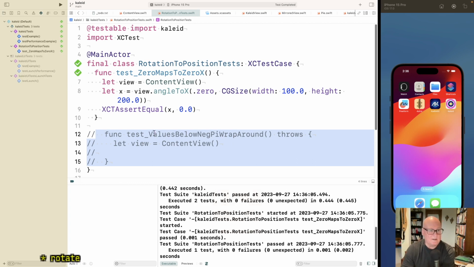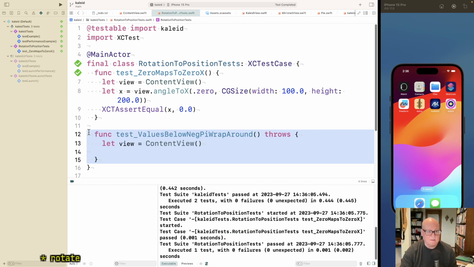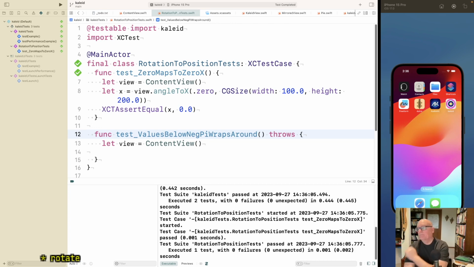Okay, let's start. Let's do this now. Value below negative pi wraps around. Now maybe I should be looking at those rotation values again.